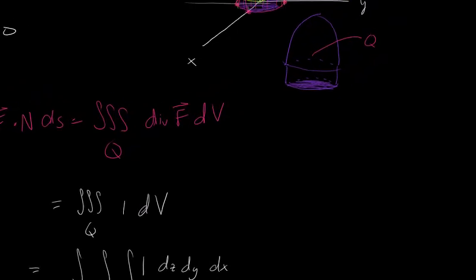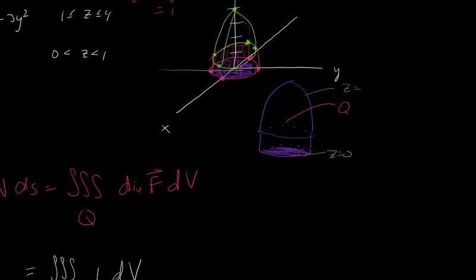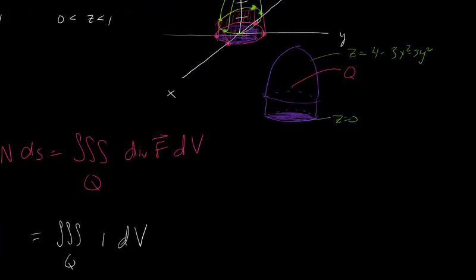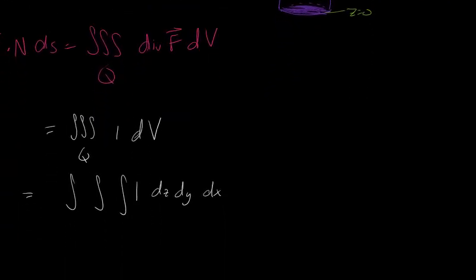So in the z direction, we are bounded by z equal to 0 and z equal to 4 minus, what was it, 3x squared minus 3y squared. Okay. So I'll put those boundaries in on z. So that's going to be 0 to 4 minus 3x squared minus 3y squared.